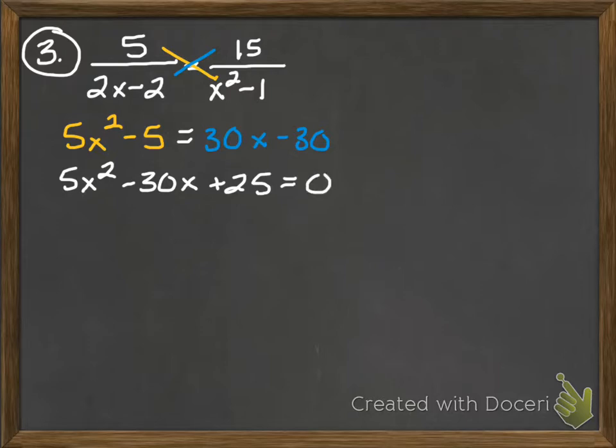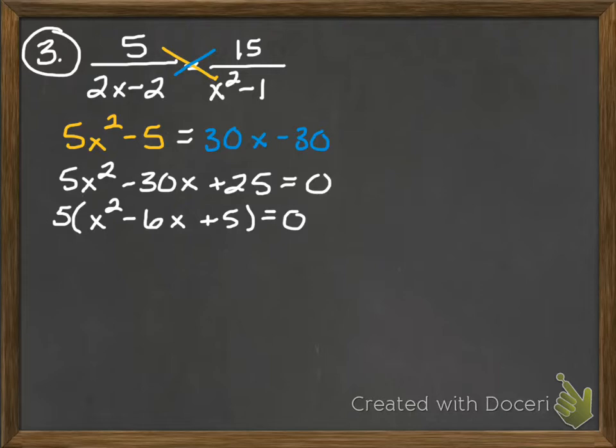All right. Now at this point in time you could do factoring by grouping, but it's not necessary. Notice that all of your coefficients are actually divisible by 5. So let's take a 5 out first, which will leave me with x squared minus 6x plus 5 equals 0. And now I have a nice quadratic in here that I can solve for.